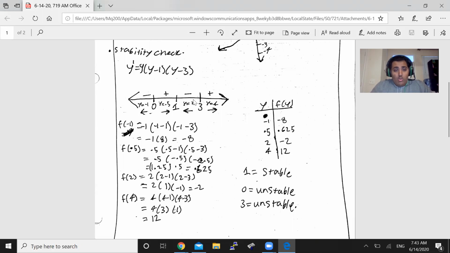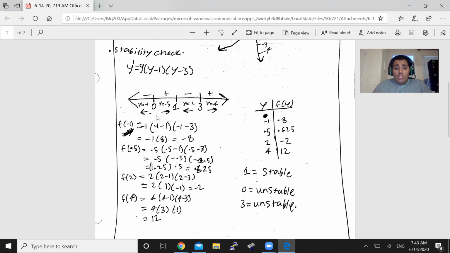Now, what negative and positive mean is that it helps me draw the arrows. The arrows tell me if the direction is moving away from the critical solution or toward it. If it's moving away, if it's divergent, I'd say that's unstable.